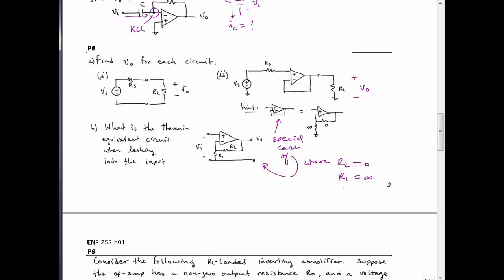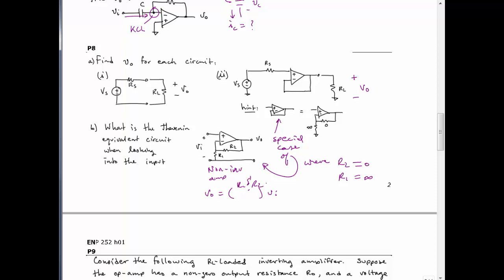So if you remember the expression, this is a non-inverting amp configuration. VO is equal to something times VI, okay? This involves R1 and R2. I'll let you remember what that is. You're simply going to plug in the limit values here.